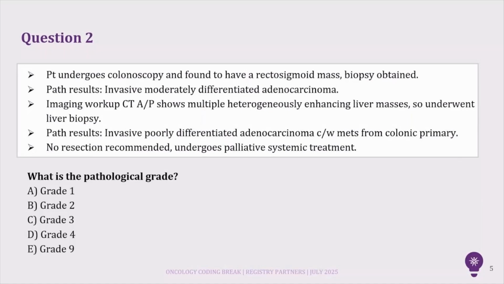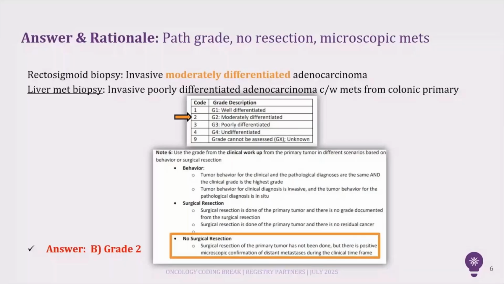So the biopsy of the colon was moderately differentiated. The liver met was poorly differentiated. So again, we're going to go to that same note for pathological grade, note 6 in the general rules. It tells us we can use the grade from clinical workup when there's no surgical resection, but there's positive microscopic confirmation of distant mets during the clinical time frame. So that's what we have here.